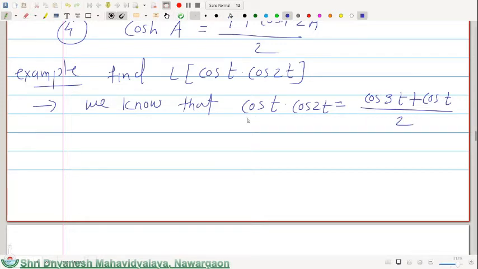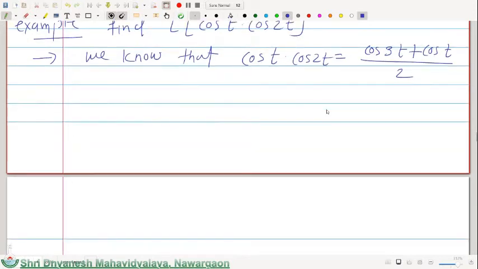Now we have to find the Laplace transform of cos t into cos 2t. So take Laplace transformation on both sides.